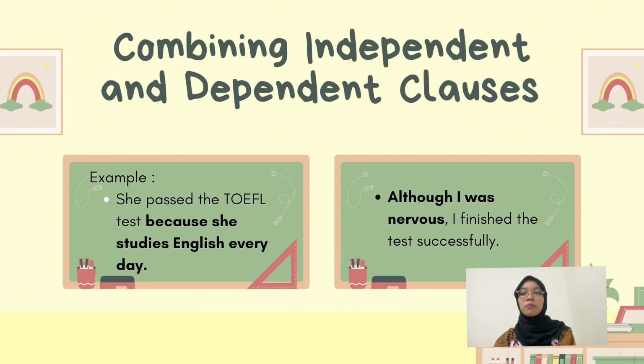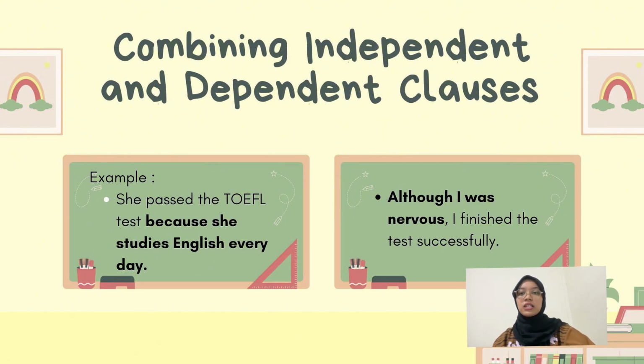Okay, and then combining independent and dependent clauses. Now, let's see how independent and dependent clauses work together in a sentence. For example, she passed the TOEFL test because she studies English every day. In the sentence, she passed the TOEFL test is an independent clause, and because she studies English every day is a dependent clause.